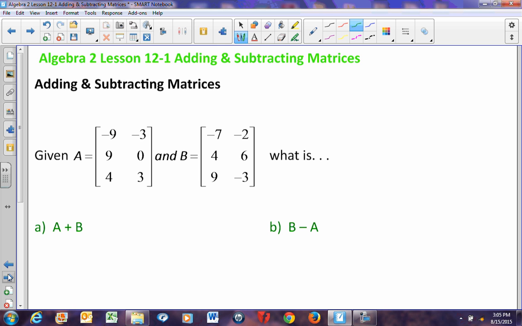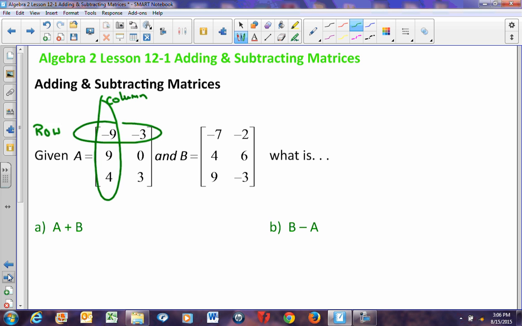In order to add or subtract matrices, they have to have the same number of rows and the same number of columns. Okay? Remember, rows go across and columns go down. The easiest way to remember that, columns hold up buildings. They're like little posts that hold up buildings.